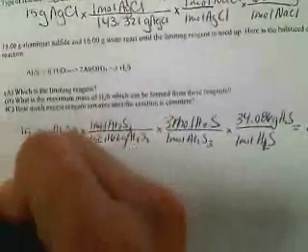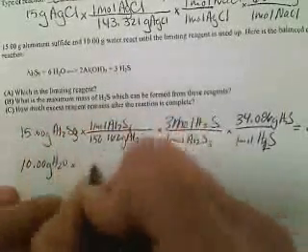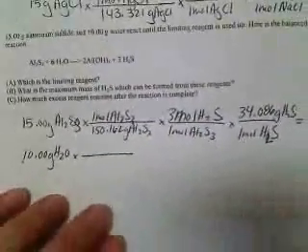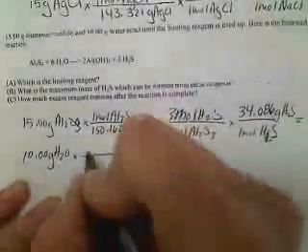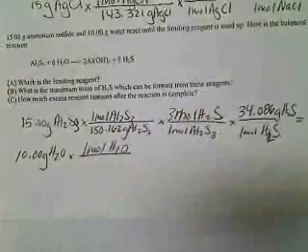Next part. I start with 10 grams of H2O and need to get grams of my dihydrogen sulfide. First step, molar mass.